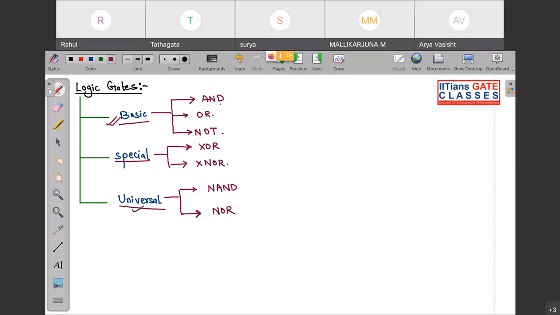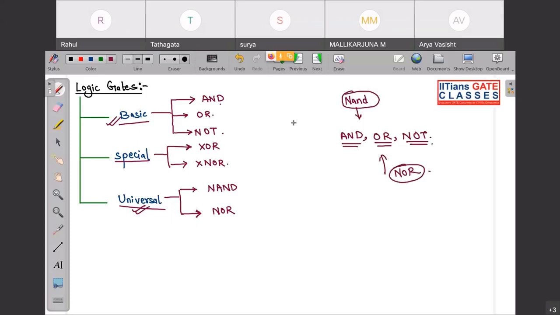Now, why is a universal gate called universal? Anyone? See, these AND, OR, and NOT gates I can construct using only NAND gates. I have written it small, it is actually incorrect, but it's okay. So I can construct the AND gate, OR gate and NOT gate simply by using only NAND gates or by using NOR gates.